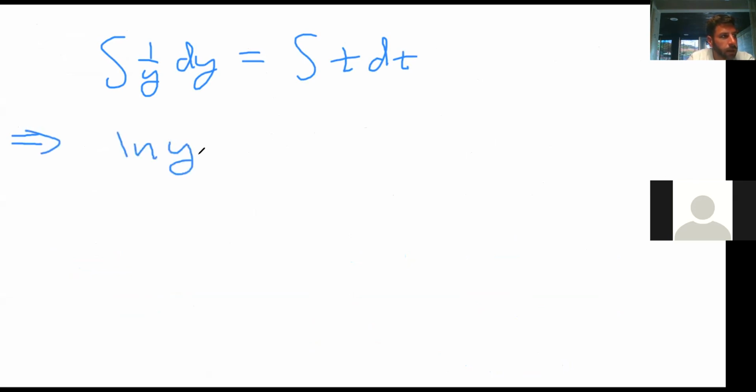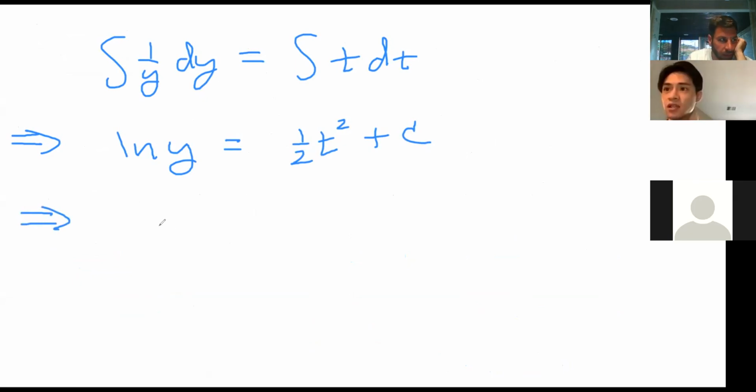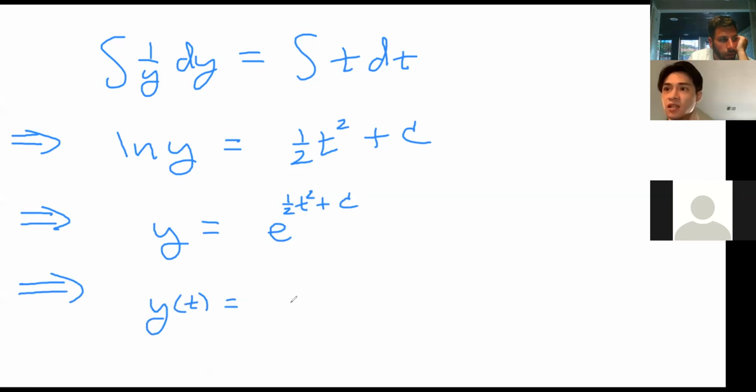This is log y equals 1/2 t squared plus c. And then if I get rid of the log, I am left with y equals e raised to the 1/2 t squared plus c. You might remember that we often rewrite this as a e to the 1/2 t squared.